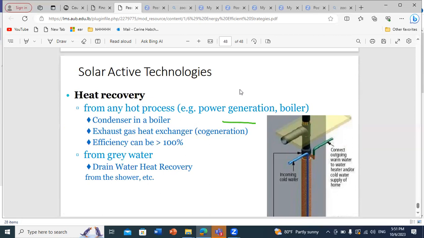For example, it can be passed within a condenser in a boiler. We can use exhaust gas in a heat exchanger. This is called the cogeneration process, and we can reach efficiencies larger than 100% because we can use to the maximum the energy delivered from such systems.